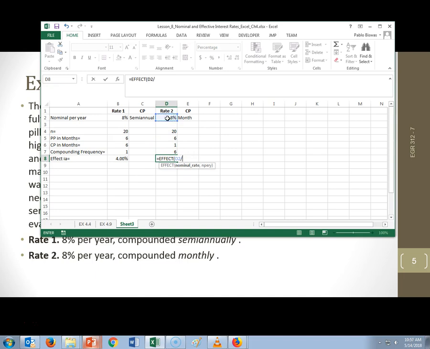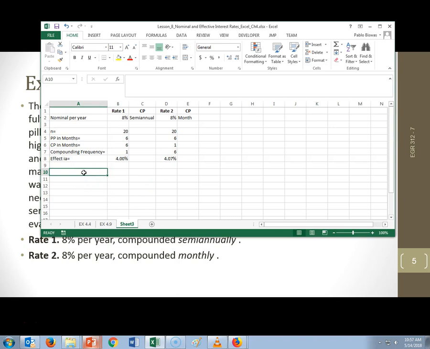Now divide by 2, because I need to convert that first in semi-annual and then find the number of compounding frequency, which is 6 in this case. That gives you 4.07.